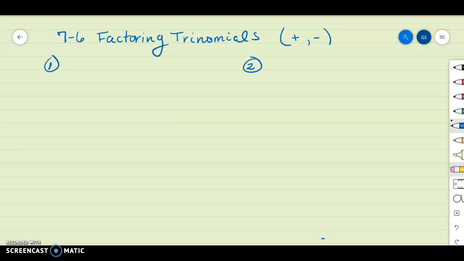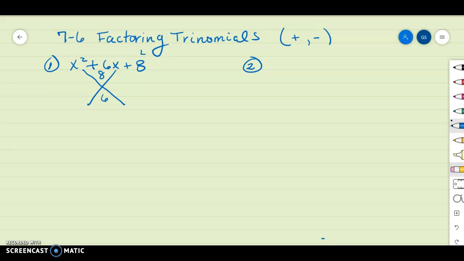The first one I'm going to put up here is x squared plus 6x plus 8. That was our first lesson on trinomials, where you had two positives. We're going to find factors of 8 that add up to 6.